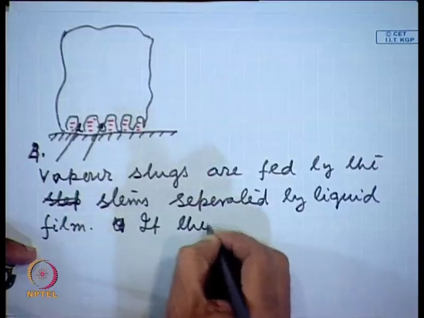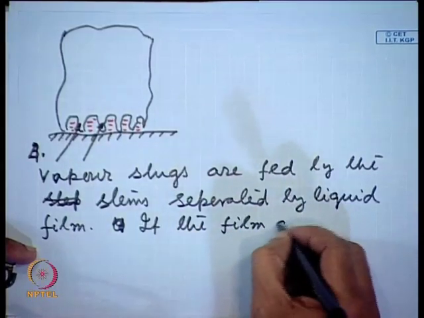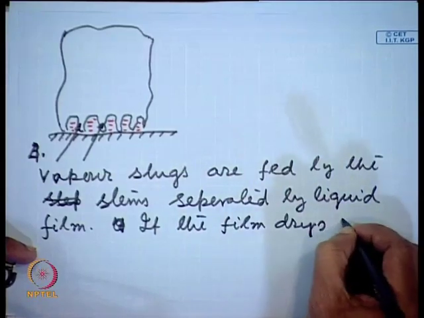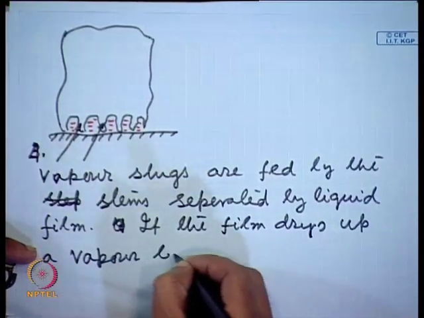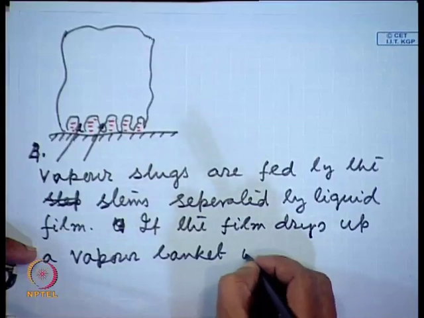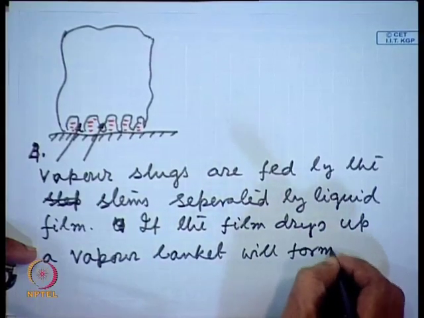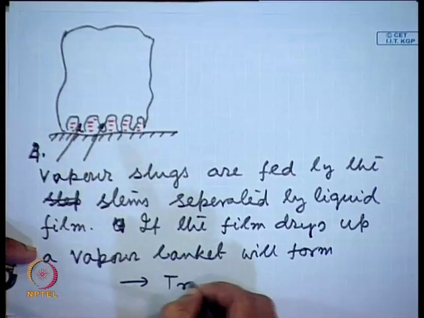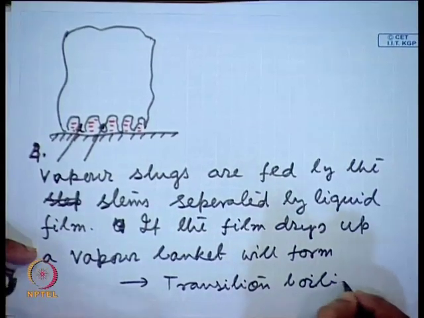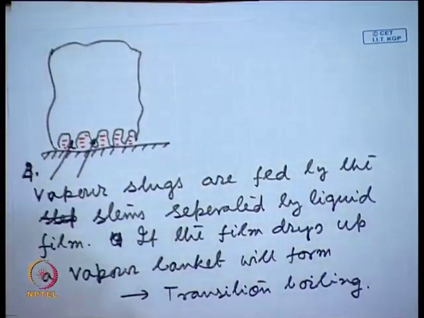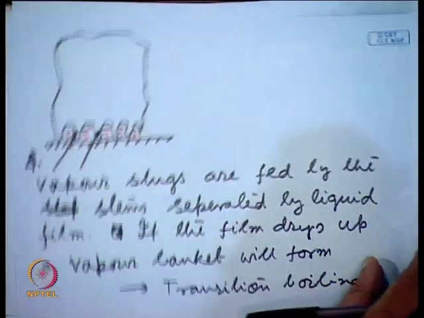If the film dries up, a vapor blanket will form. So, we will go to transition boiling. Okay. So, this could also be a mechanism for critical heat flux to take place.